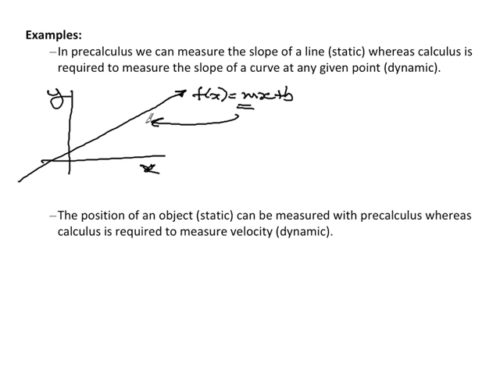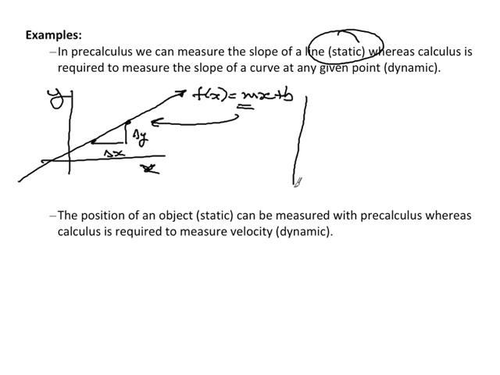Well, I can use algebra techniques for that. Find 2 points, take a look at delta y over delta x, and once I find that slope, the slope is constant, not changing throughout this line. Now, where you are on the line may be changing, but the slope is not changing. That's what I mean by the slope of the line being static.